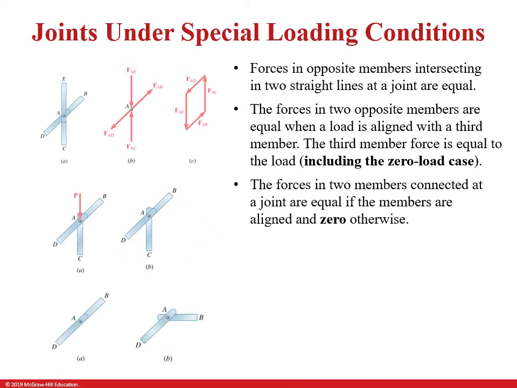No. This position, or this load now, this member AC has no load on it, right? So this is now a zero load case. So there's no load on this member AC.